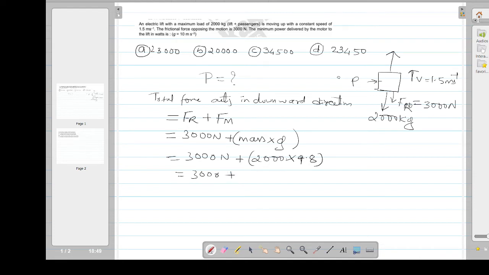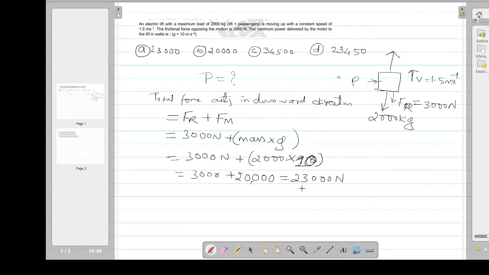Instead of 9.8, in the question they have given the g value as 10. So I will take 10. So 2000 into 10 is 20,000. After adding this, a total of 23,000 Newton force is acting in a downward direction.